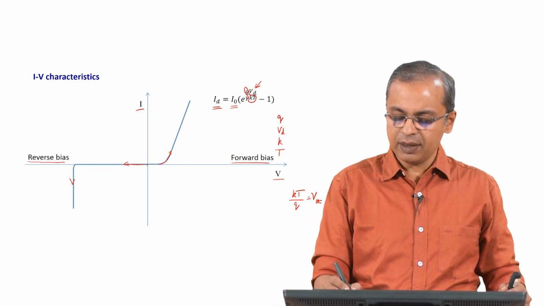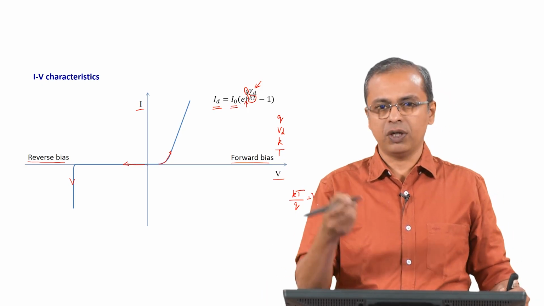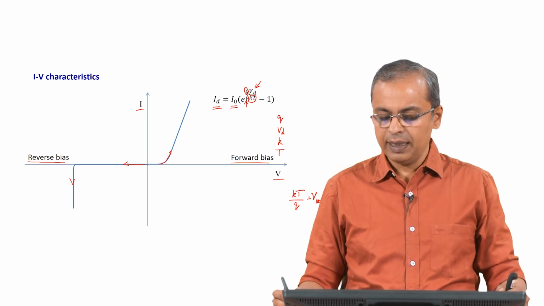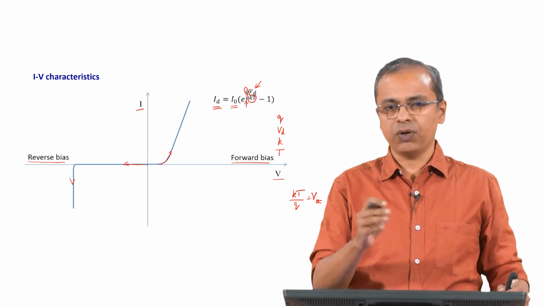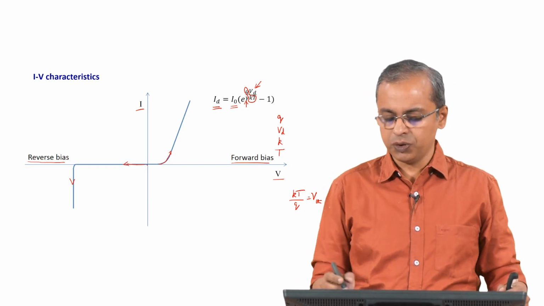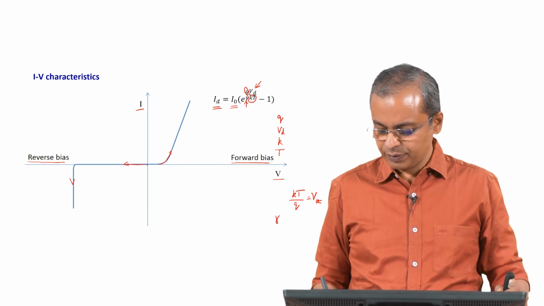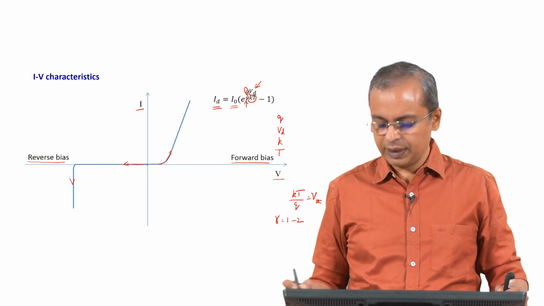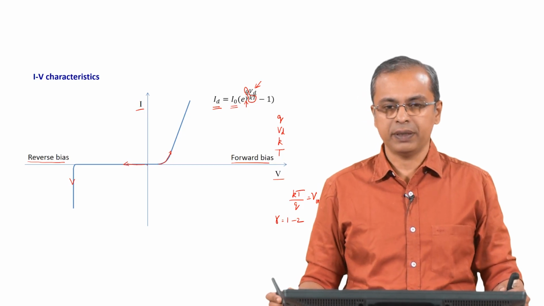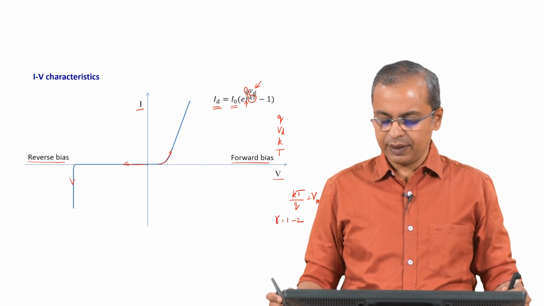You have a parameter like that which we are not really deeply interested in, and one constant here, gamma, in different books they call it gamma, eta, n and so on, which deals with ideality or non-ideality of this system. Usually gamma has values between 1 and 2. So, that is the number that we are looking at for gamma.